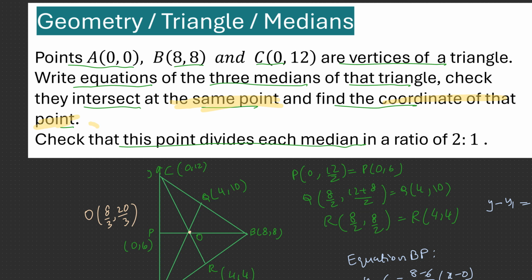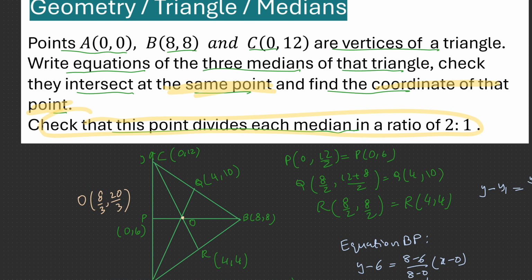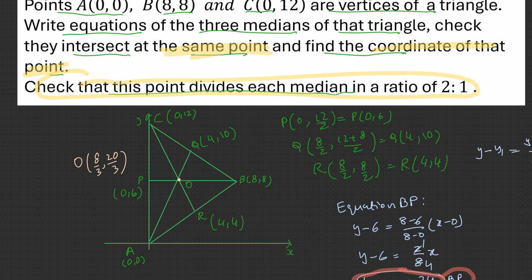Now the bit is we need to check that this point divides a median in the ratio of 2:1. So how are we going to do that? So we need to find the distance.